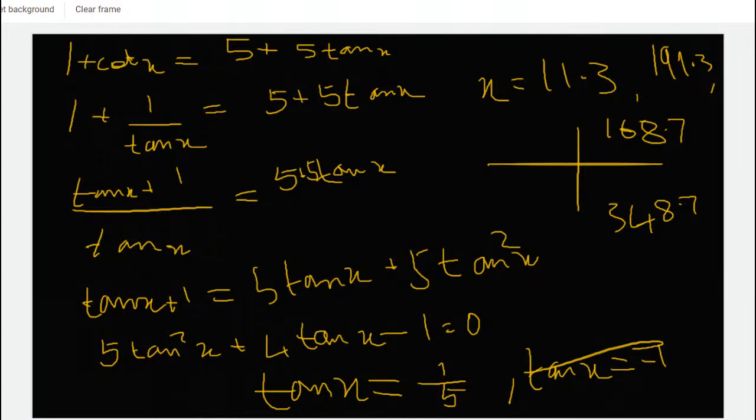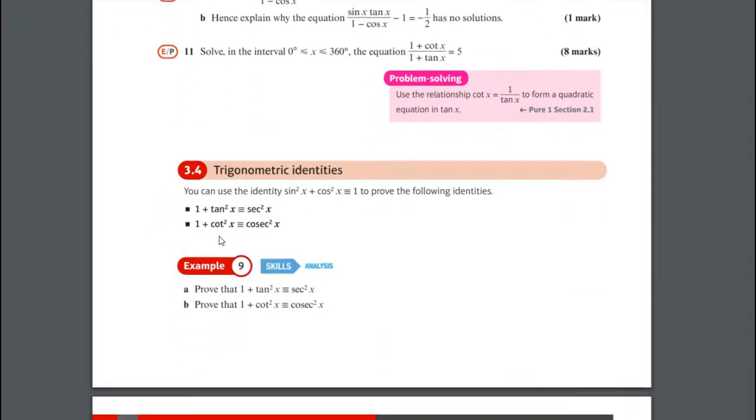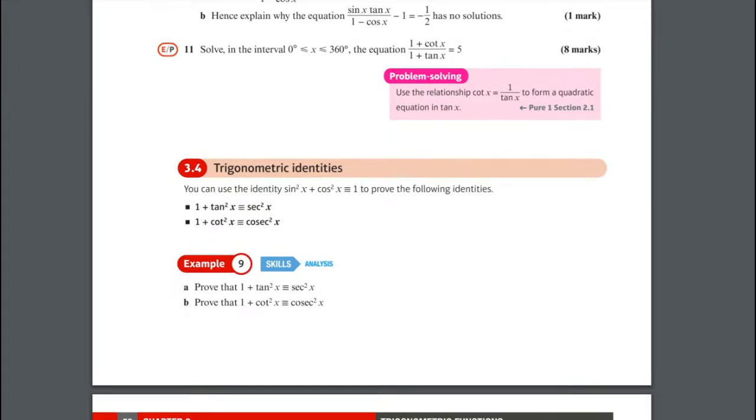Next. Is it? Yes, these are the two answers: 11.3 and 191.3 degrees. Yeah, okay.